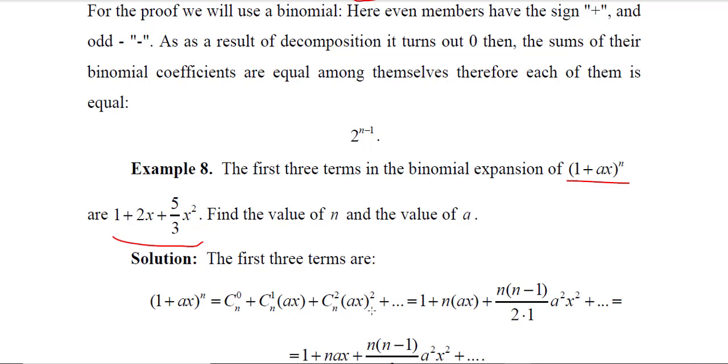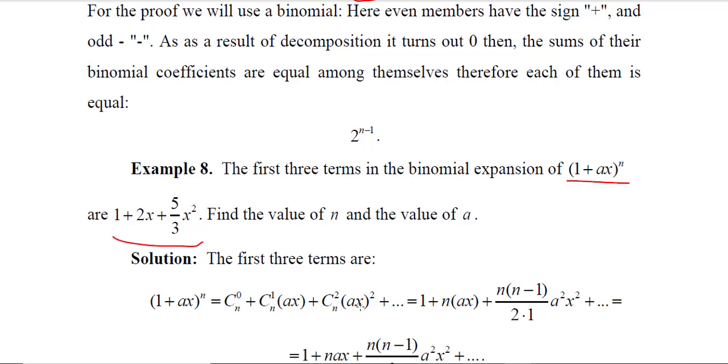We need to find n and a. The first three terms are with combinations. It is C(n,0), C(n,1) times ax, because the first term is 1. So the next one is C(n,2) times (ax) squared, yes?